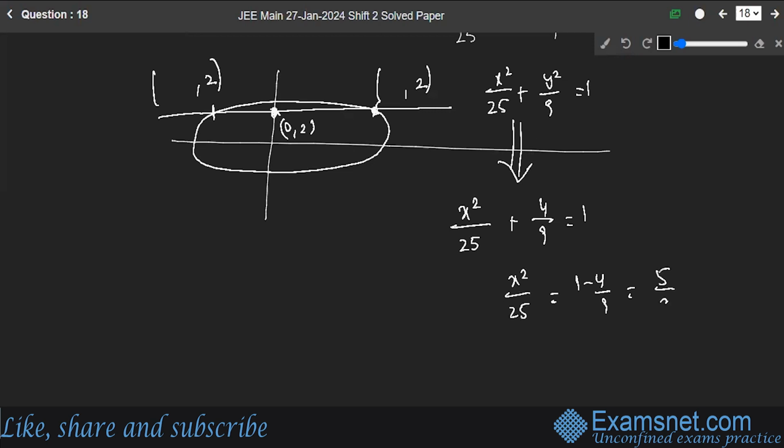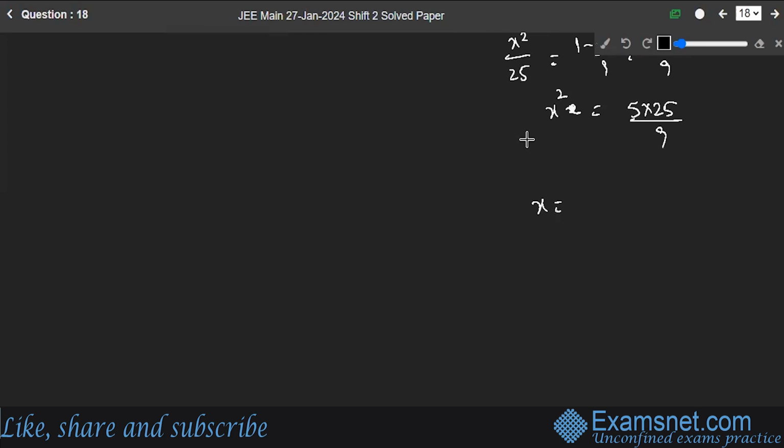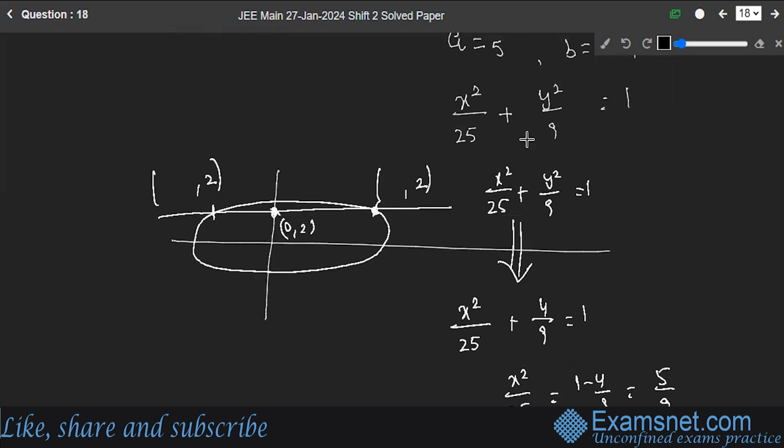That's equal to 5 by 9, or x square is equal to 5 into 25 upon 9, or you have x is equal to root of this, which will be plus minus 5 root 5 upon 3. So the 2 points where it is cutting the ellipse, this is minus 5 root 5 upon 3, here is this.